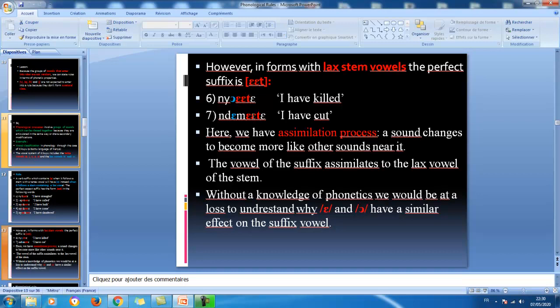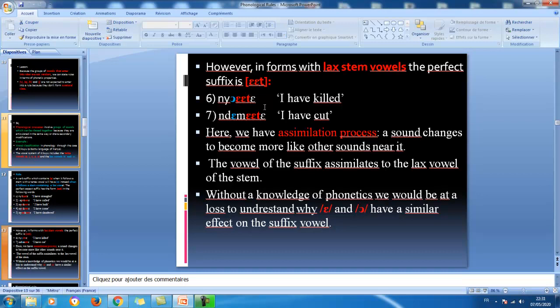This sound, which was small a, has changed into this one just because it tends to become more like the sound in the stem, because the sound in the stem is what? Is it tense or lax? It is lax here. Therefore, this one should be changed into lax here. Now, the vowel of the suffix assimilates to the lax vowel of the stem.